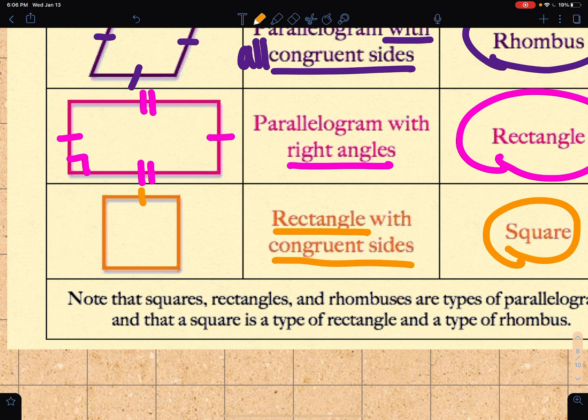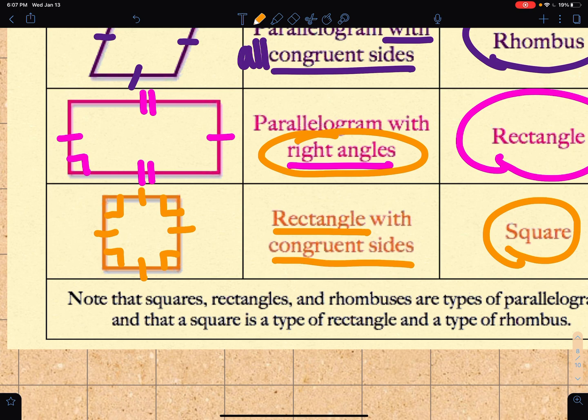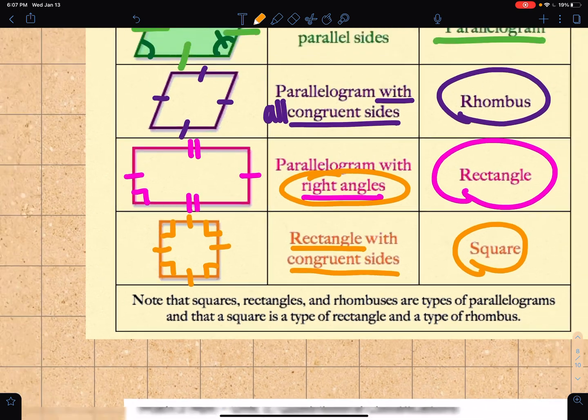So this measures the same as this, this, and this. And actually all the angles are congruent too, because it has right angles in all of its corners. So a rectangle with congruent sides. It's kind of built into the definition that it has right angles, because right angles are mentioned up there in "parallelogram with right angles." That's a rectangle. Okay, cool.